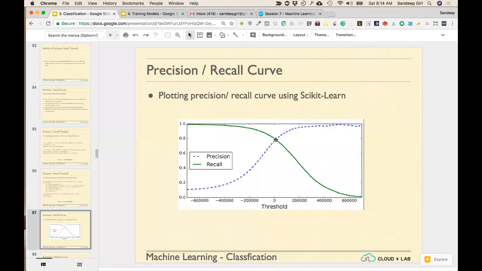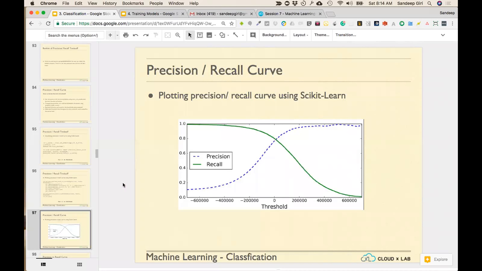That's the scenario. So we talked about a few characteristics: precision, recall, and F1 score. And now let's move on to ROC.